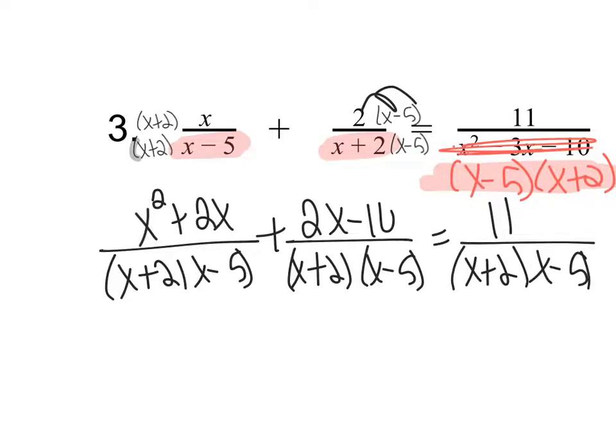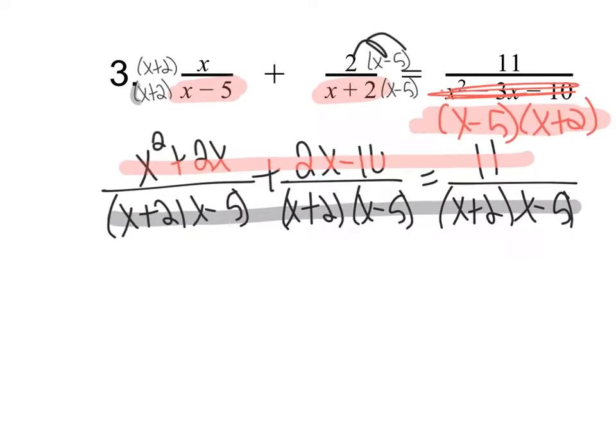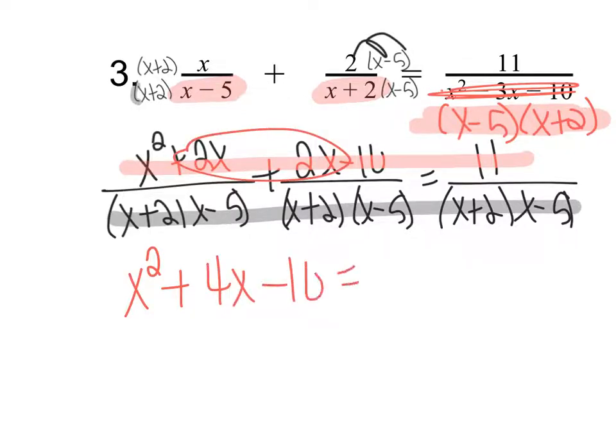Okay, so now my denominators are all the same, which means I can use my numerators to solve the equation. So I would have x squared plus 2x plus 2x minus 10 equals 11.